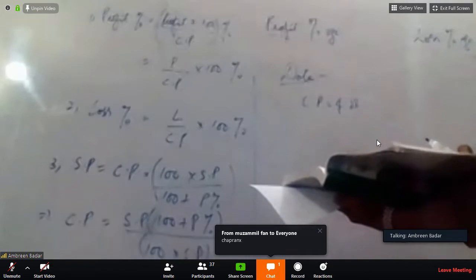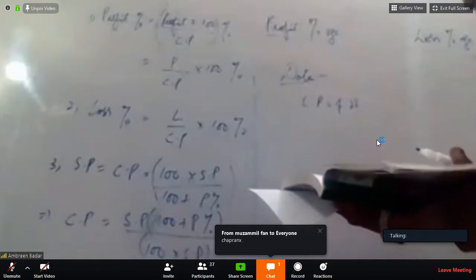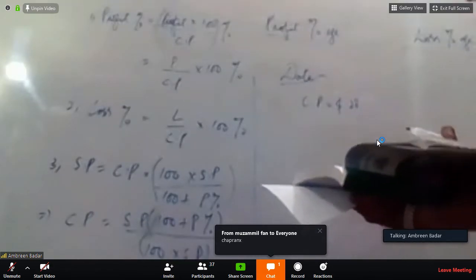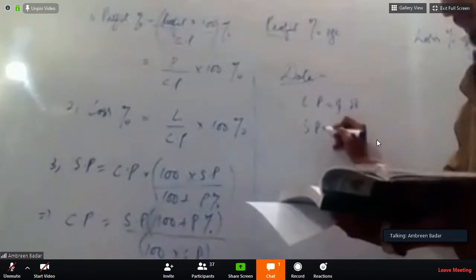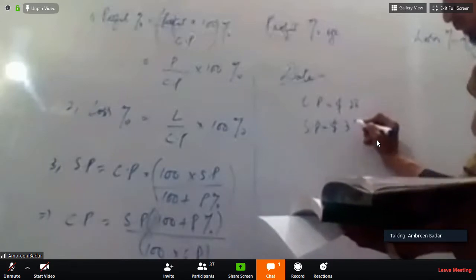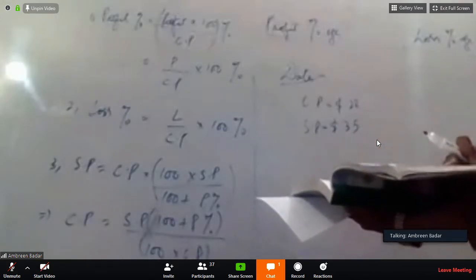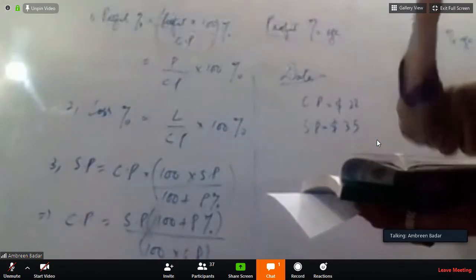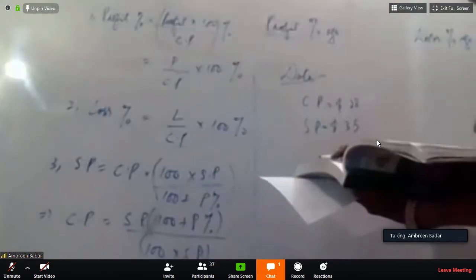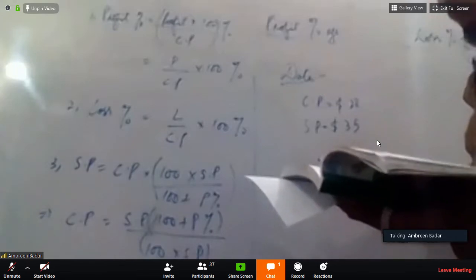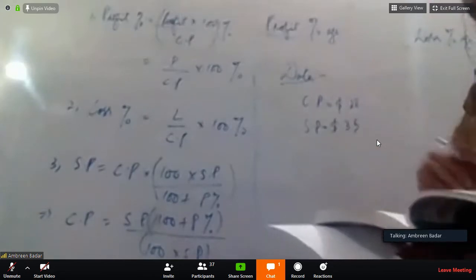In part A, it says if the bag is sold for $35. The word sold means the selling price is given as $35. What is he asking? He's asking to express the profit as a percentage of cost price. Remember, we don't have to calculate the profit, we have to calculate the profit percentage.